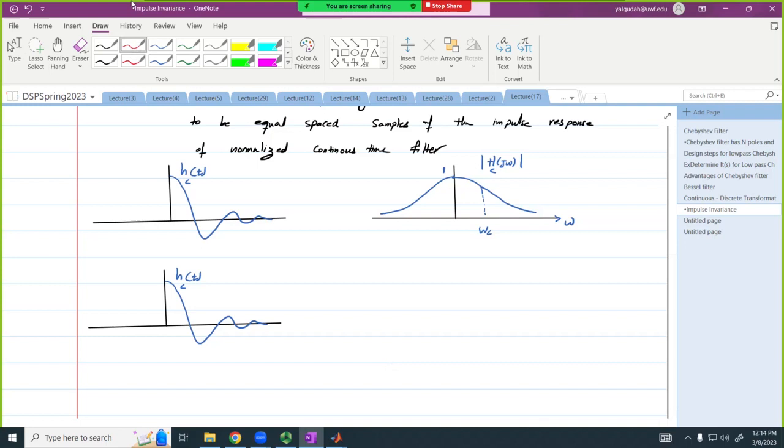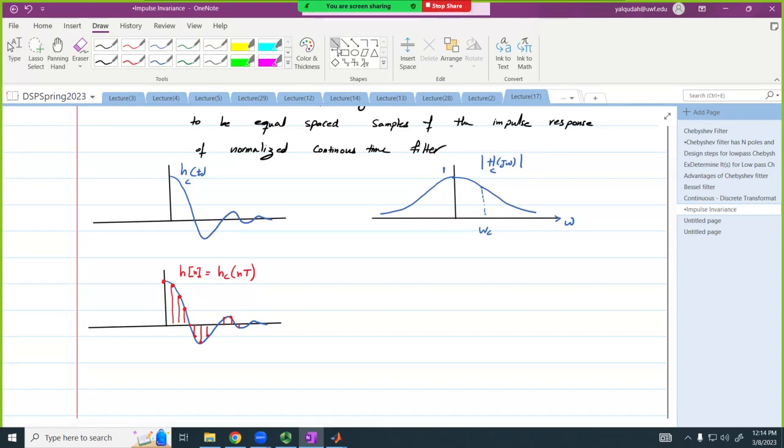So if I come here, and I take a sample here, a sample here, sample here, sample here, what do I have all of a sudden? Instead of h continuous, in red, I'm going to have h of n, which is going to equal h continuous at n multiplied by t. Agree? Everybody?